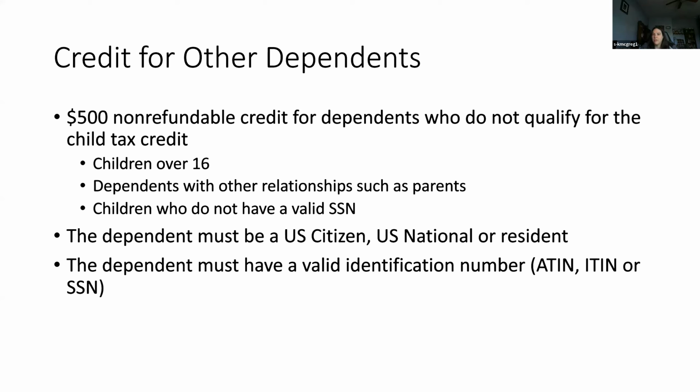Or if any of the children don't have social security numbers, they can take the other dependent credit instead. They still have to be a US citizen, national, or considered to be a resident, and they have to have an ATIN, ITIN, or social security number. So they still have to have some sort of identifying number.